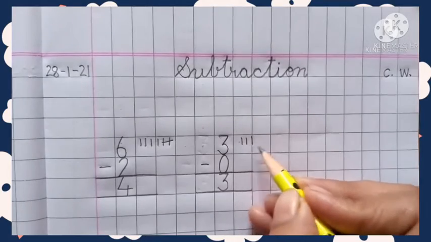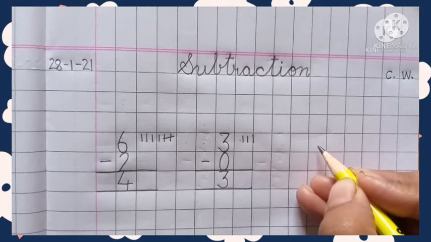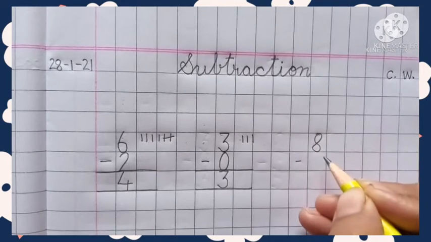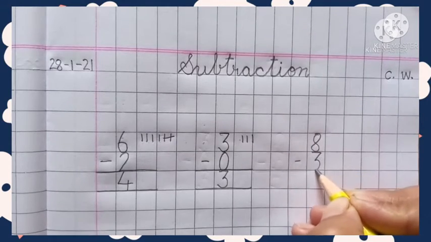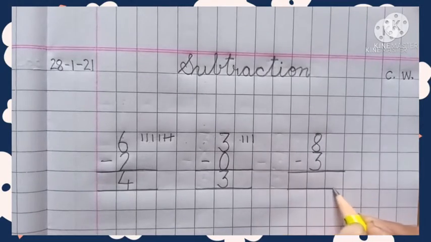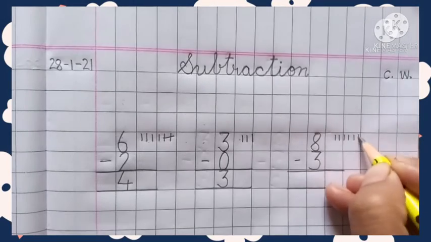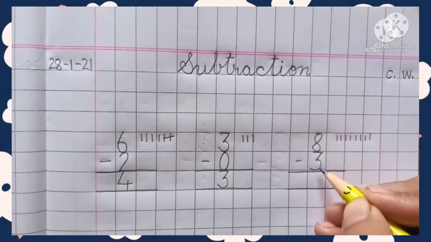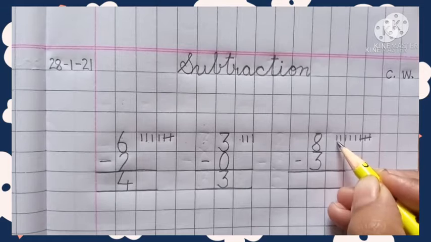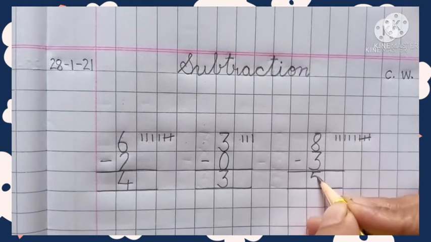Leave 4 boxes and write here 8 minus 3. Draw 8 lines and cut 3 lines from here. How many are left? 1, 2, 3, 4 and 5. Our answer is 5.